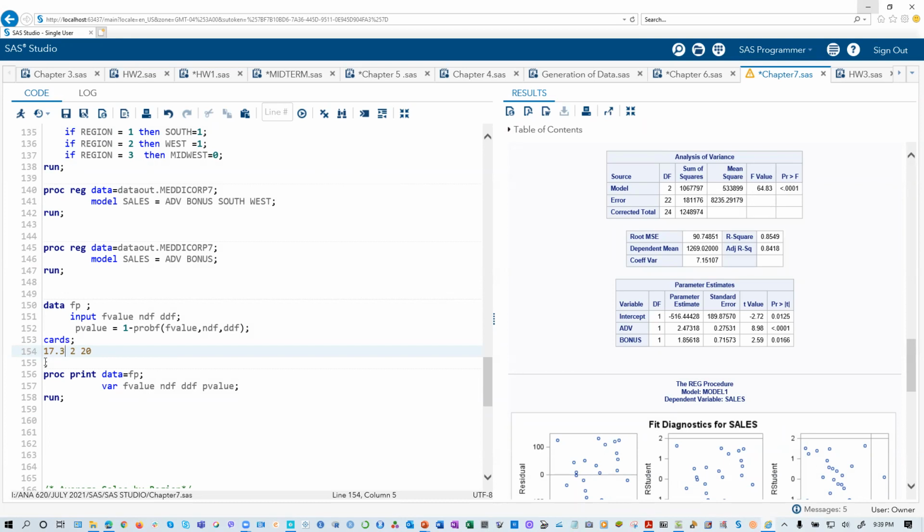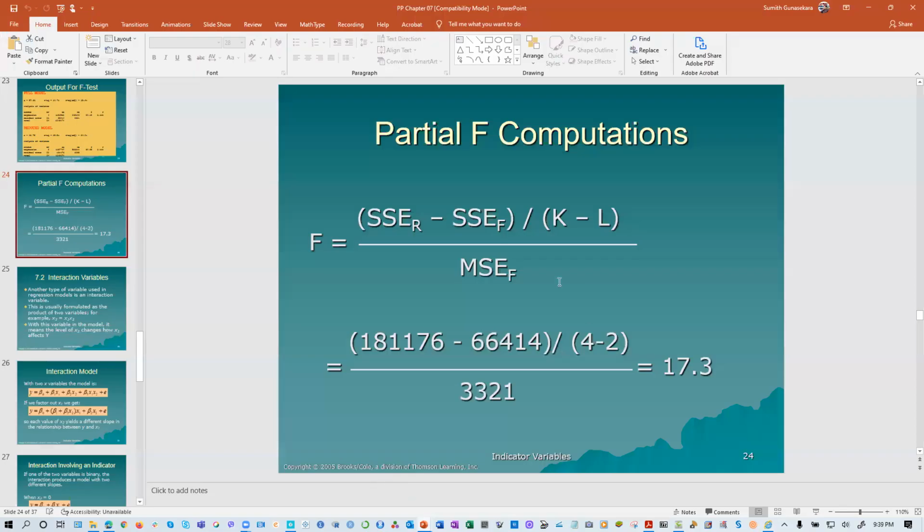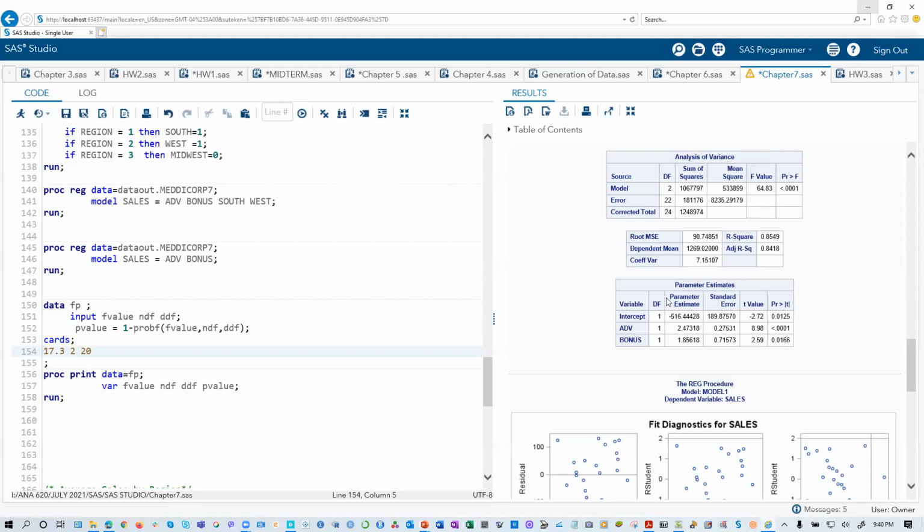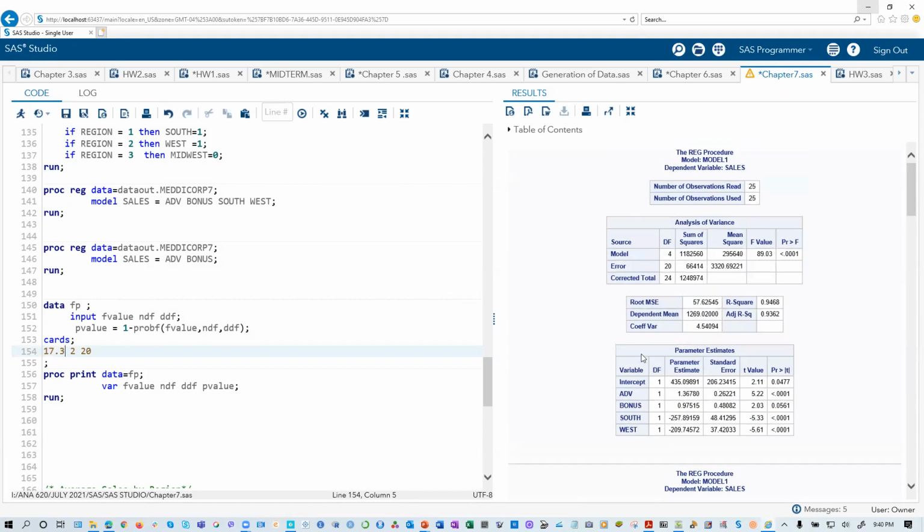Then what's the degrees of freedom of the denominator? It's the degrees of freedom of the full model. You can check on this one: it's already there, 20.